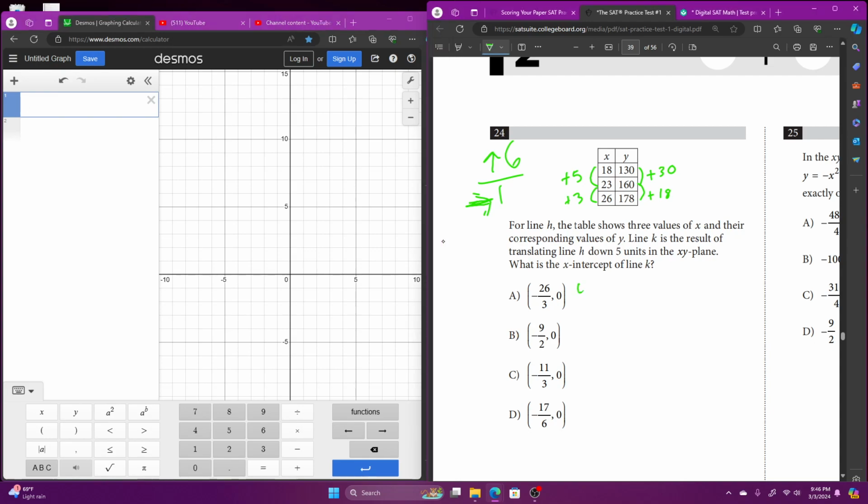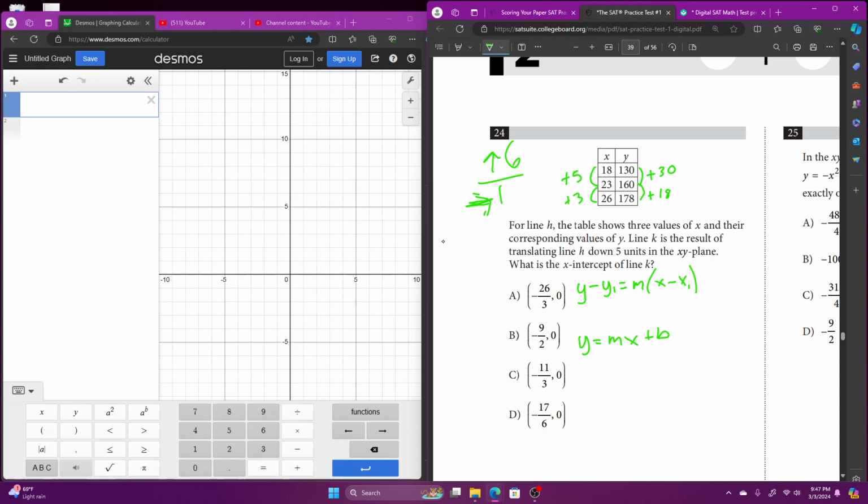Y minus y1 equals m, your slope, times x minus x1. Or your slope-intercept format, y equals mx plus b. Maybe this is a little bit easier for my students. I think they're more comfortable using the slope-intercept format.